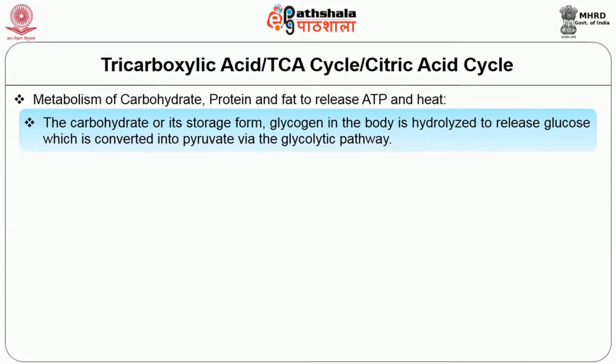The carbohydrate and its storage form glycogen in the body is hydrolyzed to release glucose, which is converted into pyruvate via the glycolytic pathway.